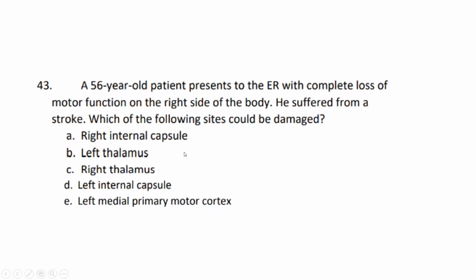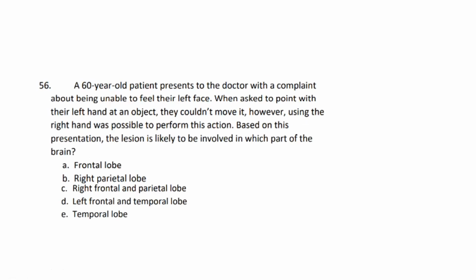So in that case, since we have a loss on the right side of the body, we're expecting a loss of function on the contralateral, so the left side internal capsule. Okay, and that's why this is the answer.